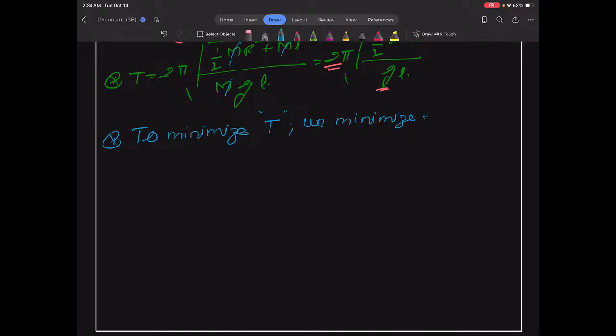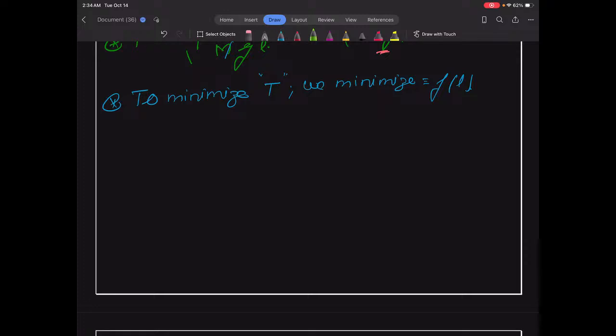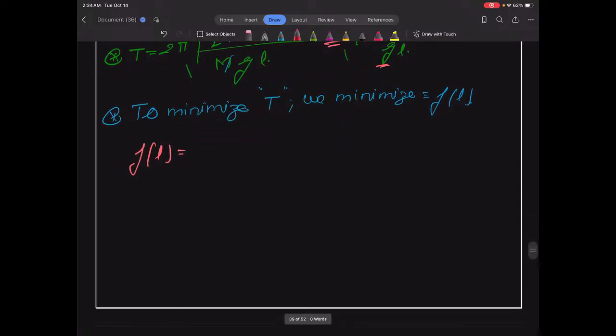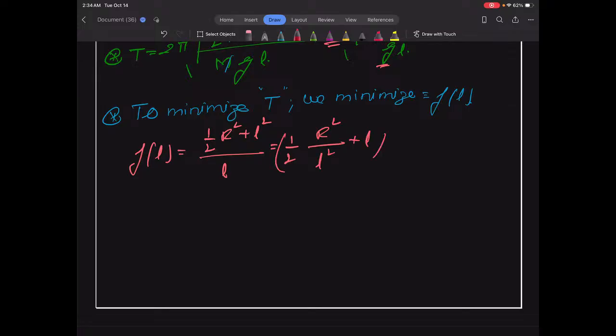Let us suppose we call that function f of L, and this function f of L will be the function under the square root, that is half r square plus L square over L, or we can write this as half r square over L plus L. So basically we are going to minimize this particular function.